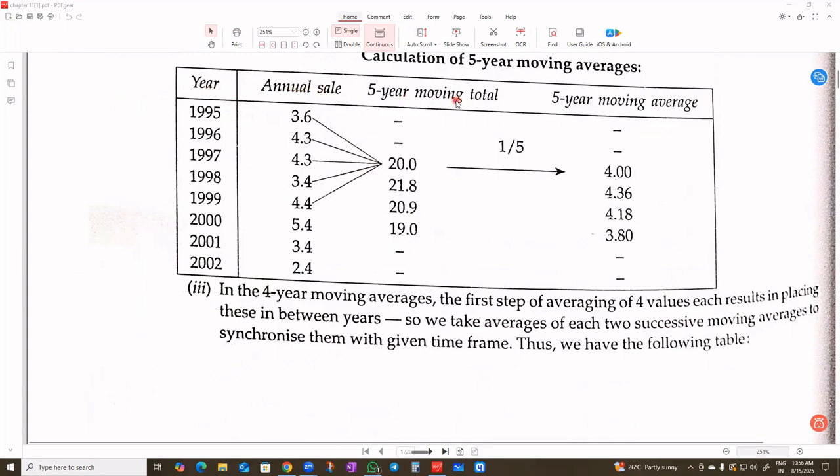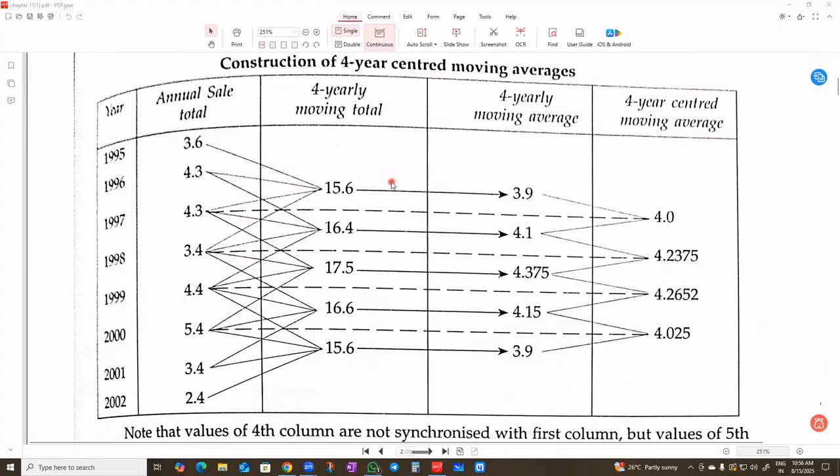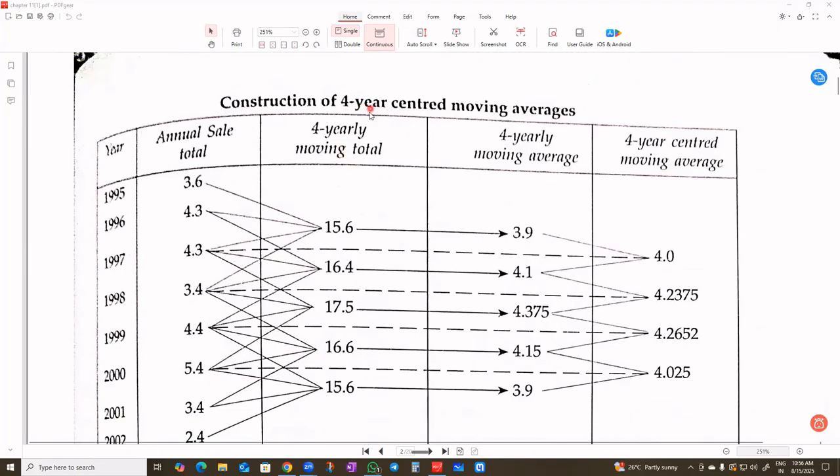For the third column, we calculate the 4-year moving total, and in the next column, the average values. So there are 4 columns in total. For an even number, 4 years centered moving average, sometimes he will say centered moving average and sometimes 4-year moving average. Don't worry, both are the same.